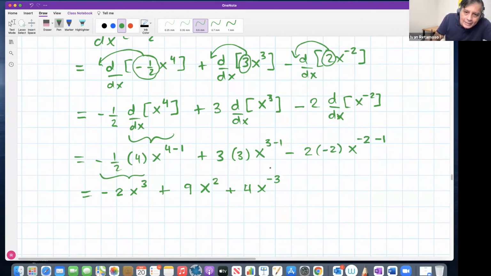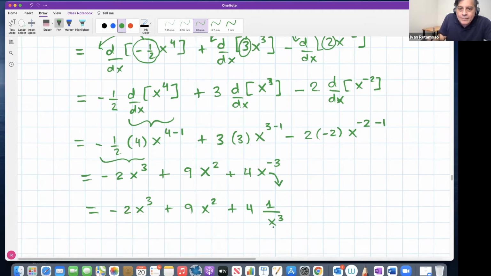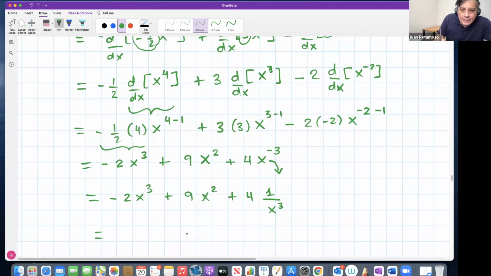Look, this guy has a negative exponent, right? This and this guy are okay, but this one has a negative exponent. So remember, mathematicians don't like to see negative exponents as part of final answers. So what you should do if you get this form is to change this for 1 over x to the third, right? They are equivalent, but the exponent here is positive.